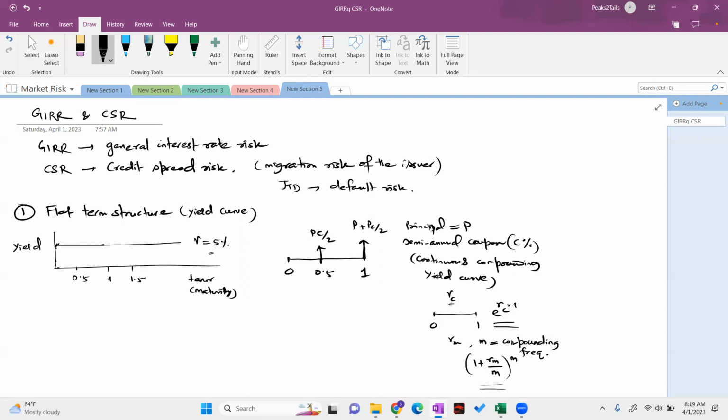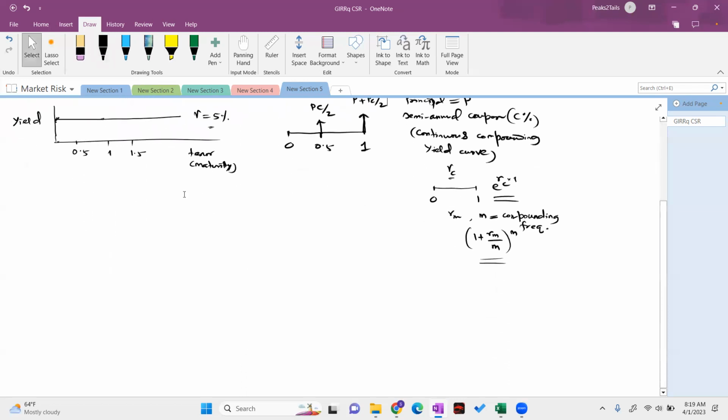Now, what is the value of the bond? B is equal to PC by 2 e to the power minus 0.5 R plus P plus PC by 2 e to the power minus, not 0.5, 1 times R.